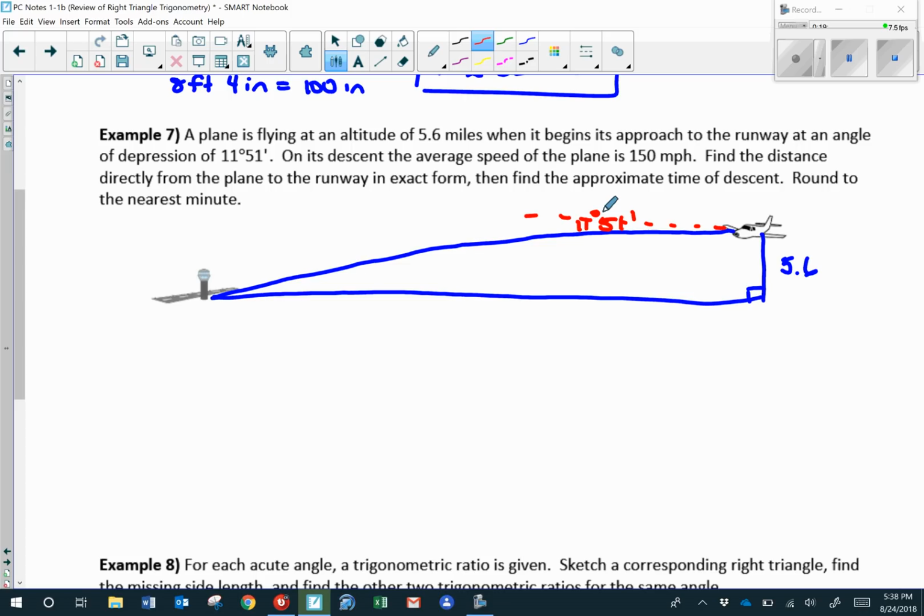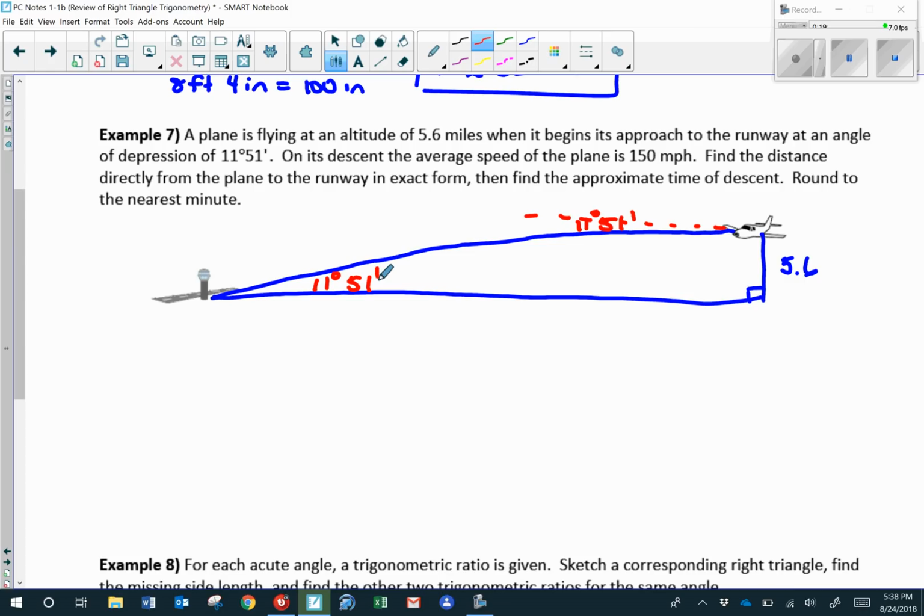So it's not the angle inside the triangle. What you may notice about that is that we have two horizontal lines and we have alternate interior angles. So this angle that's inside the triangle is also 11 degrees and 51 minutes, but it's the angle down near the runway or our destination.